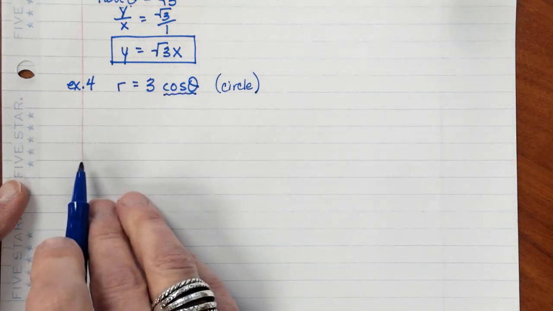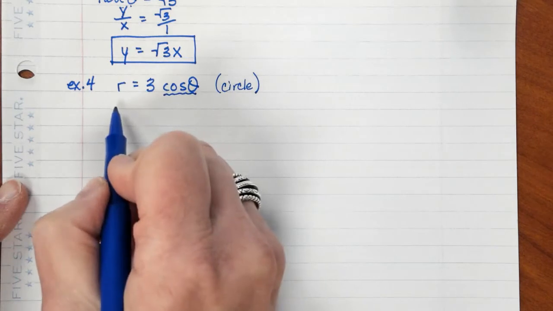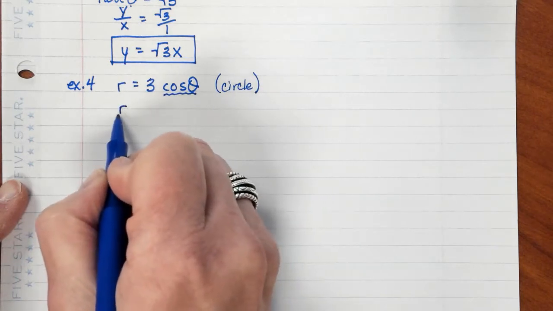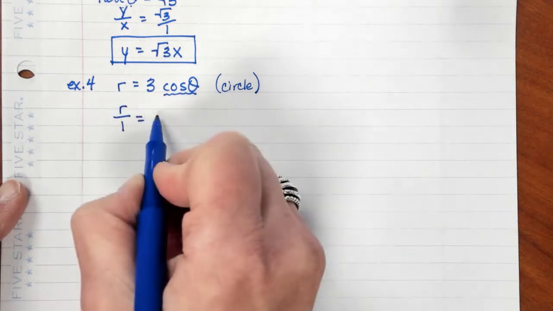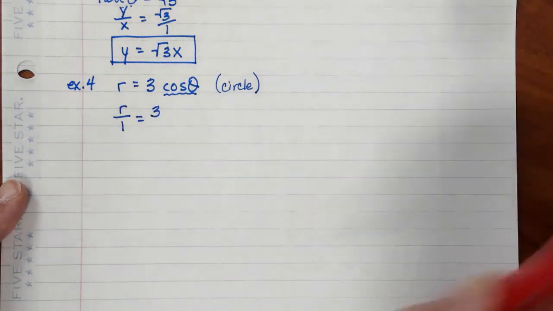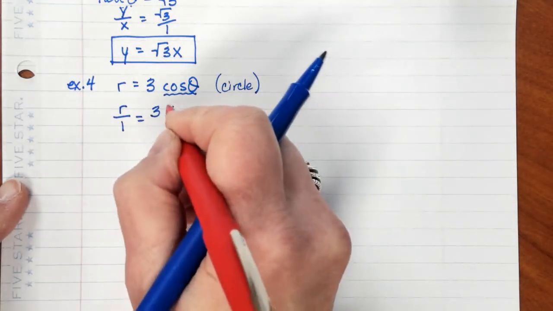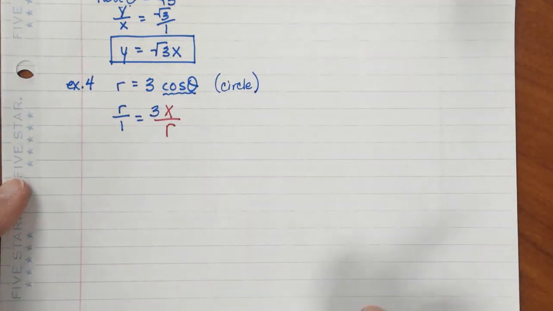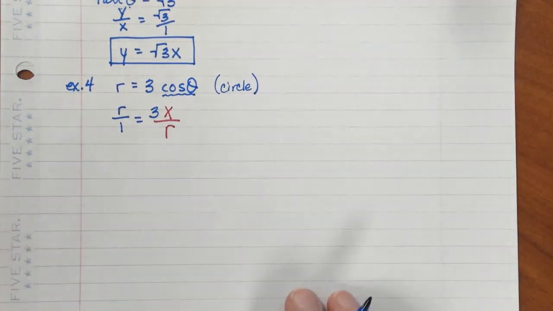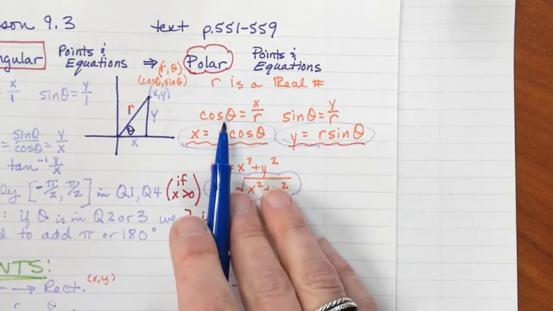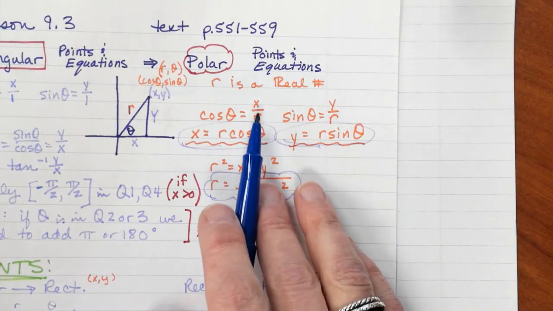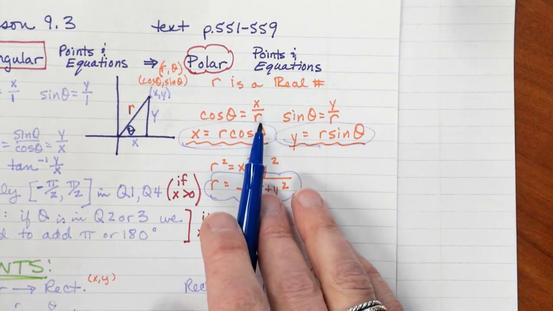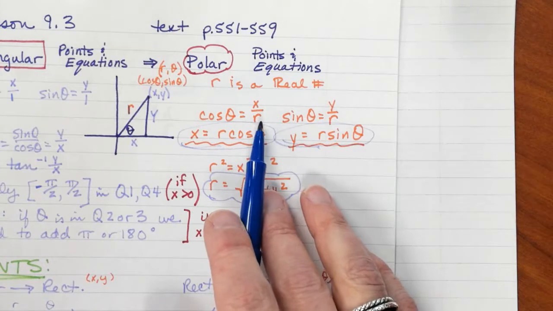Cosine theta is equal to x over r. So let's rewrite that. Let's make that r over 1 is 3x over r. And we did that in the first part of the video. Do you remember this? Cosine is equal to x over r, adjacent over the hypotenuse or the radius. That's where that's coming from.